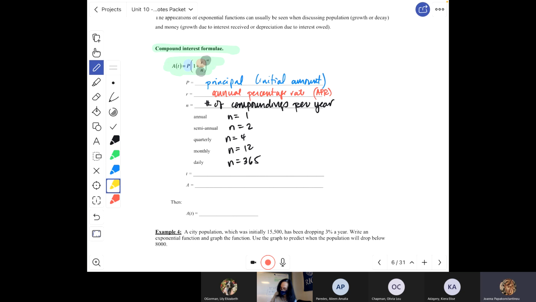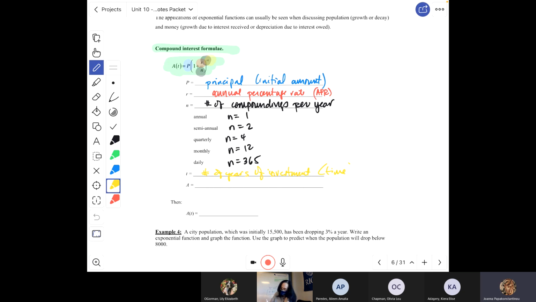And what do you think T is? The time. That's exactly right. The number of years that you're investing. Number of years of investment. Okay, time that you're investing.